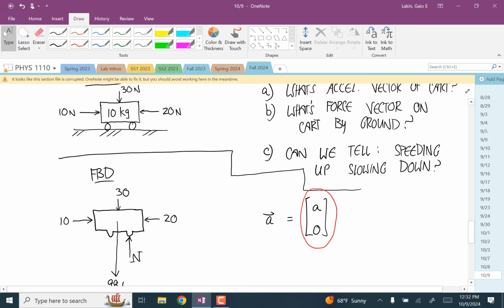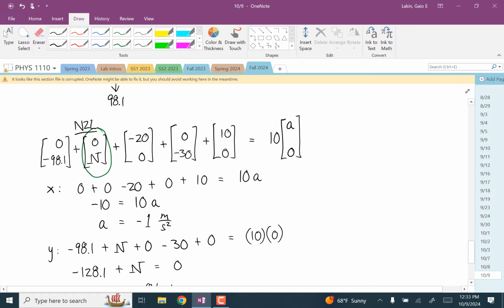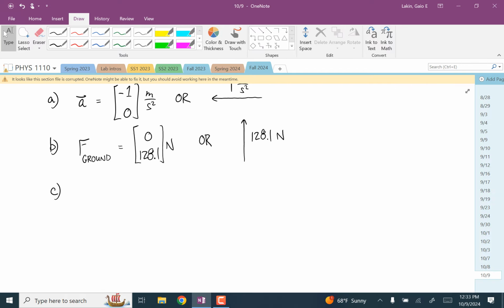To do problems like that, you have to know which way it's sliding. And so with friction problems, I'm often going to ask, is it speeding up or slowing down? Because we have to have all that information anyways. So not enough information.